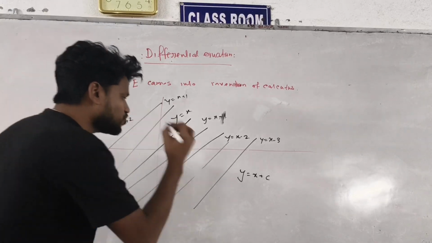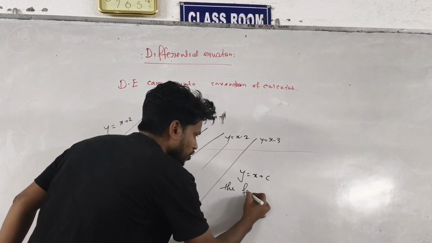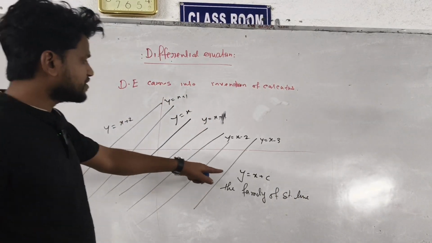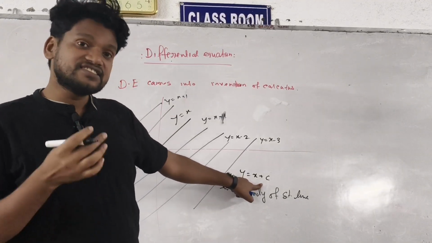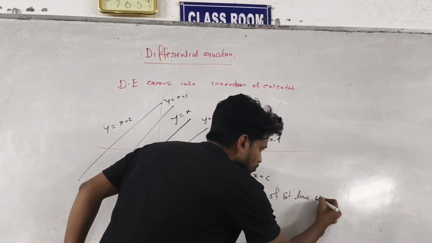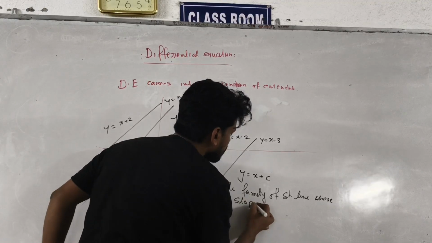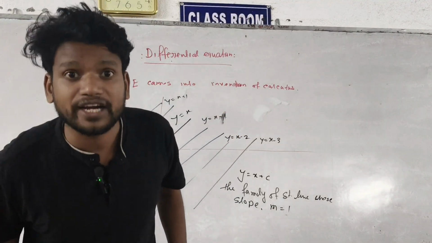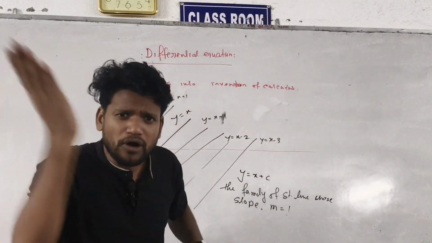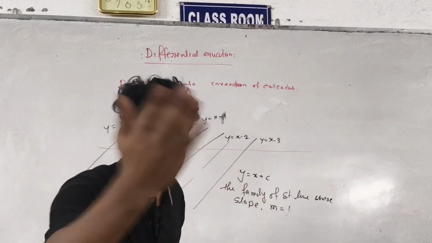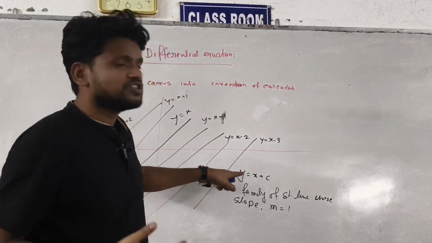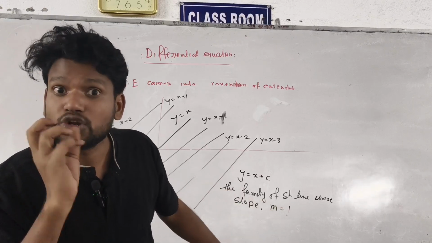This is actually the family of straight lines whose slope is m equals 1. All the lines I drew have slope 1, so this is a family of straight lines with slope 1.